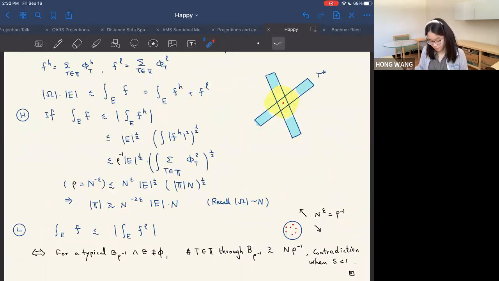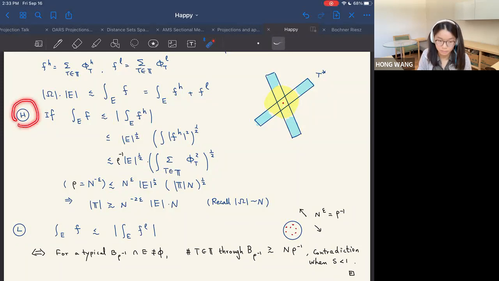Then we define the high frequency part of f as the sum over T of the high frequency part of phi_T, same as the low frequency part. So let's rewrite the integral of f on E. Since f equals f high plus f low, it equals the integral of the sum of the two functions.